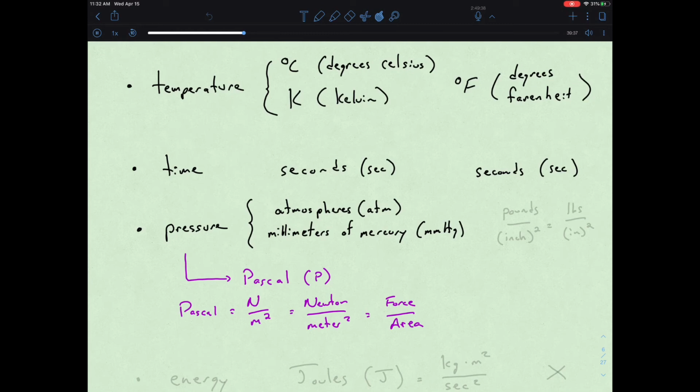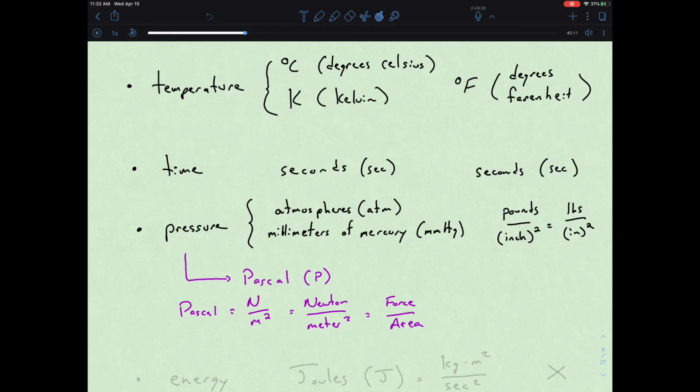So we tend to use that for our SI. In terms of pressure in English or American, it can be all over the place. But one is pounds per square inch. So there's pressure.